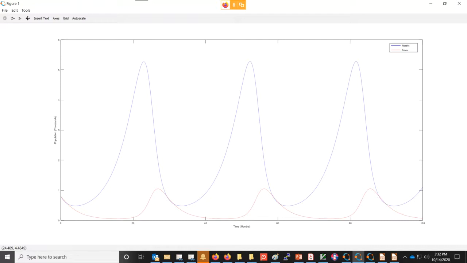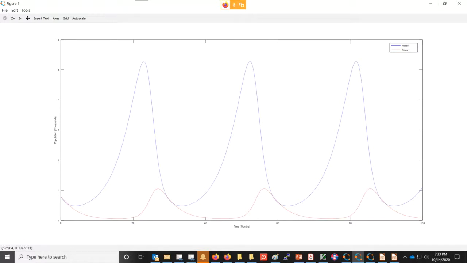But as the population of the rabbits decreases, the population of the foxes also starts decreasing because it's harder for them to find food. And so this is a cyclic system. It goes up, reaches some kind of maximum, drops down, reaches some kind of minimum, and then goes back and forth.